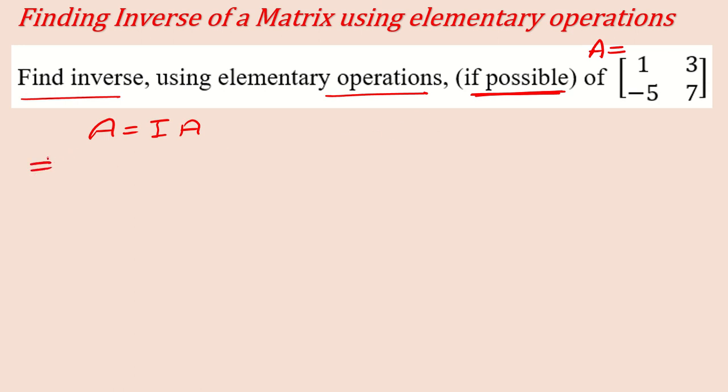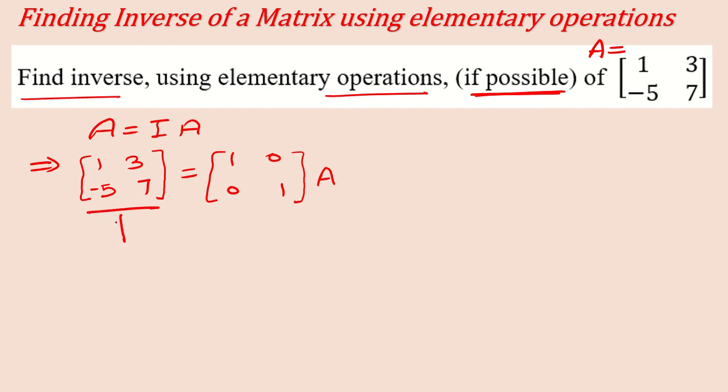Now, you write here A. What is the value of A given? 1, 3, minus 5, 7, equal to the identity matrix, which is 2 by 2, so 1 0 0 1, times A. Now, what we have to do here, in the left hand side, this matrix should be converted into identity with some valid elementary operations, which I have explained in my another video.